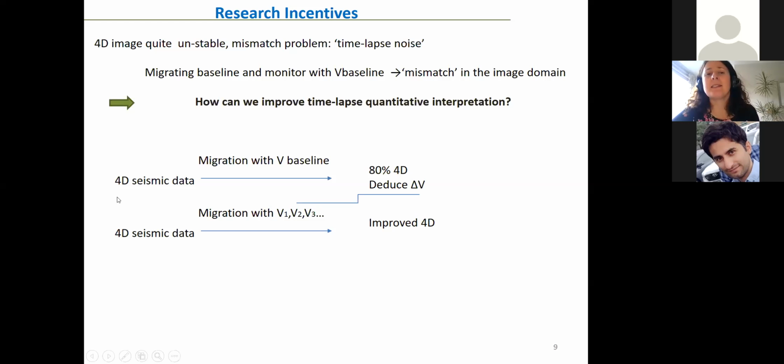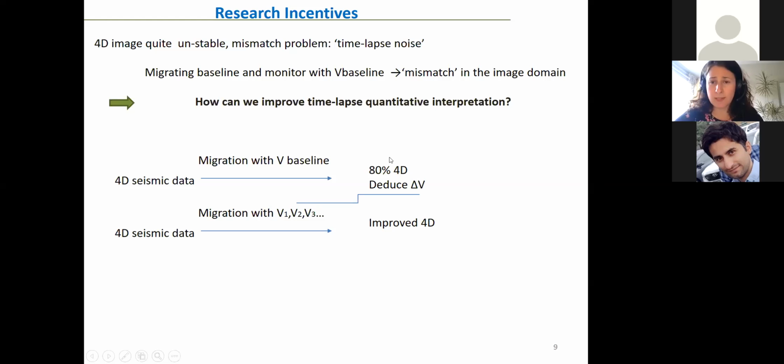So the idea is, okay, let's start with our different baseline and monitors. Let's migrate them all with the same velocity model, the baseline model, and then we come up with these quantitative 4D estimates. And those might not be the exact proper 4D, but they're close to the real 4D response.